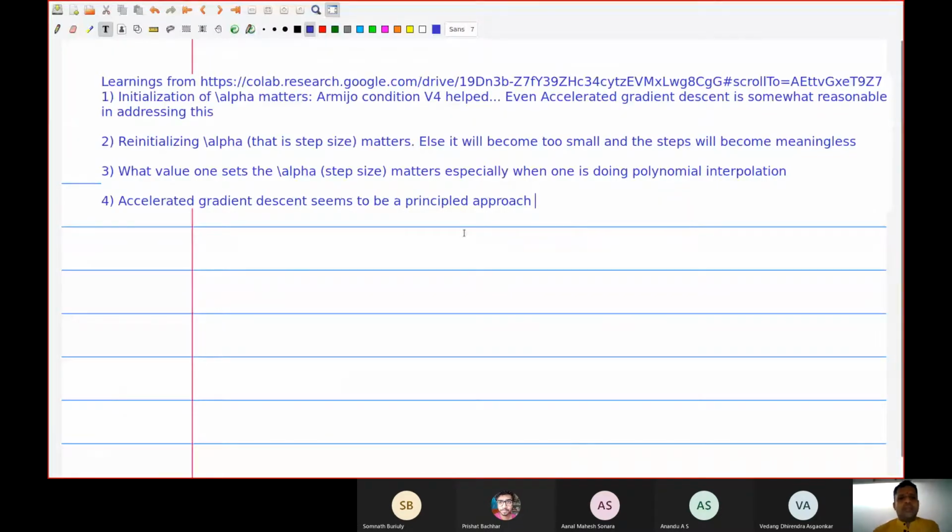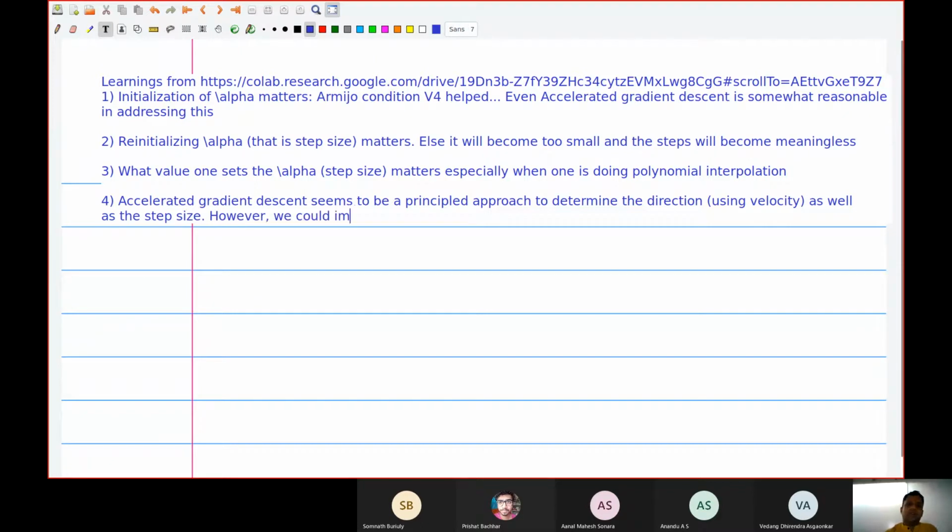So it seems to be a principled approach to determine the direction using velocity as well as the step size.